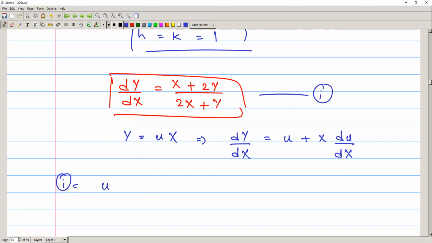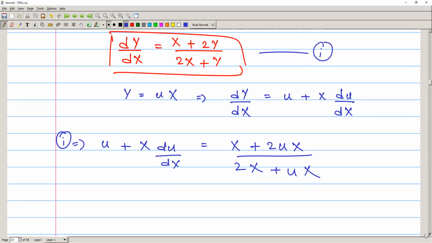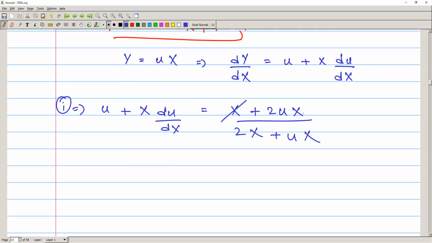So 1 implies that u plus x times du over dx is now equal to (x plus 2ux) over (2x plus ux), right? So x is common everywhere, so we can cancel these x's. So we are left with x du upon dx is equal to (1 plus 2u) over (2 plus u) minus u.